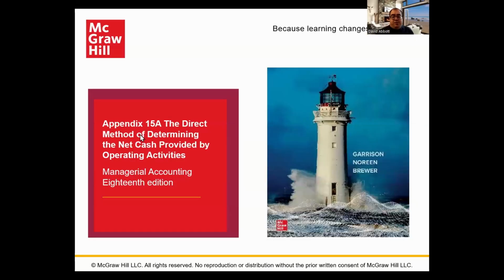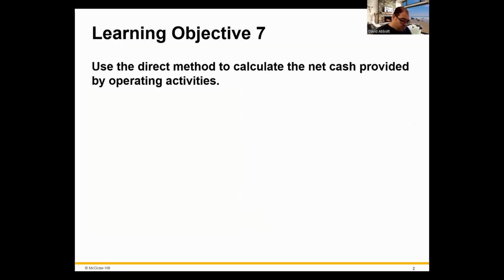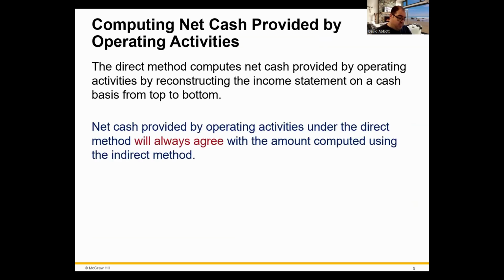Learning objective 7 is to use the direct method to calculate the net cash provided by operating activities.